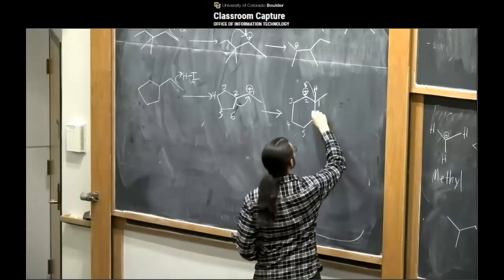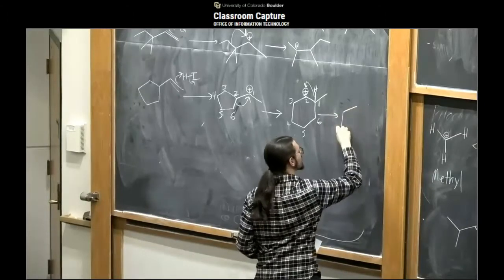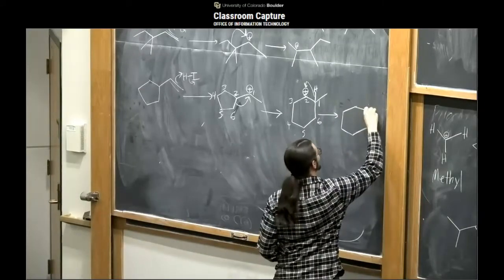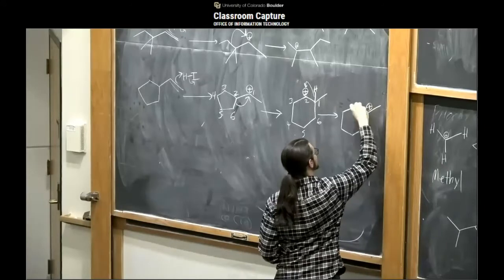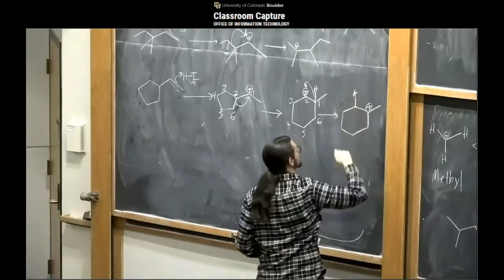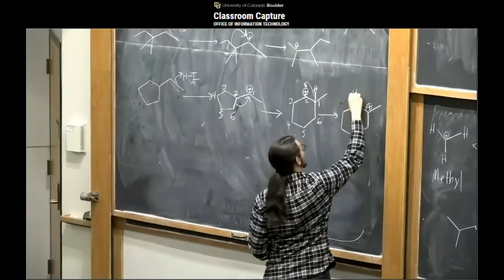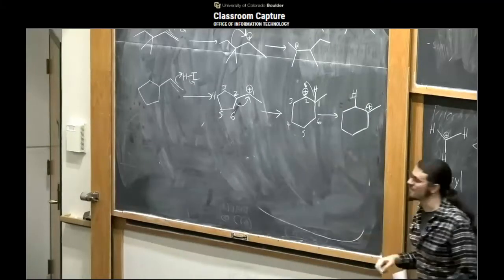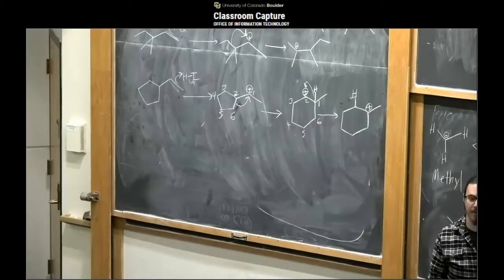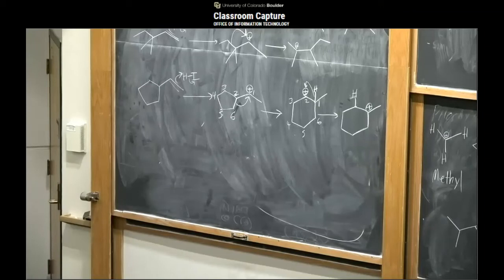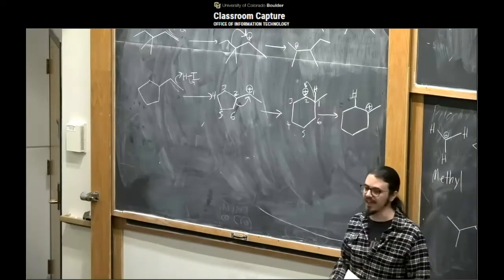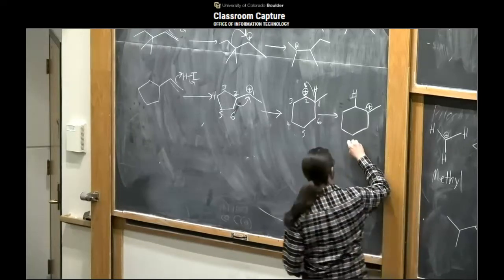Now at this point, we can generate the most stable carbocation, where we've gone from the secondary to the tertiary carbocation. And then at this point, the nucleophile, in this case iodine, will attack the carbocation to give us this product.